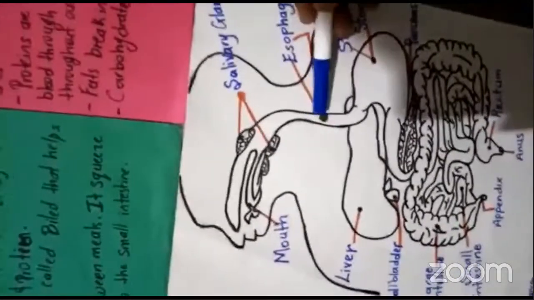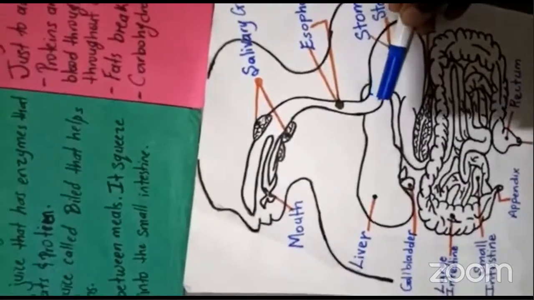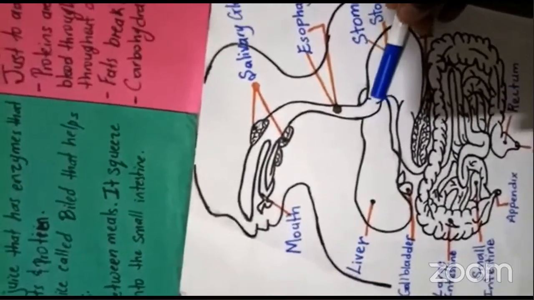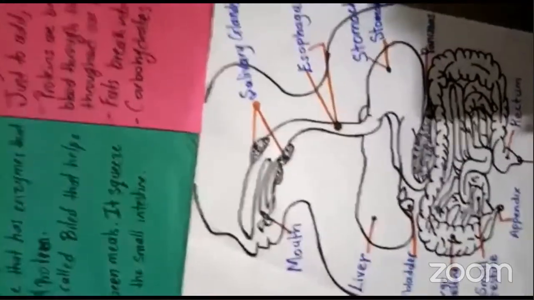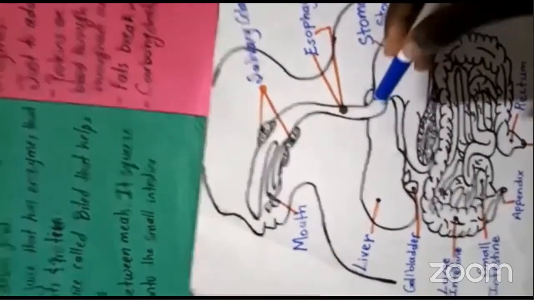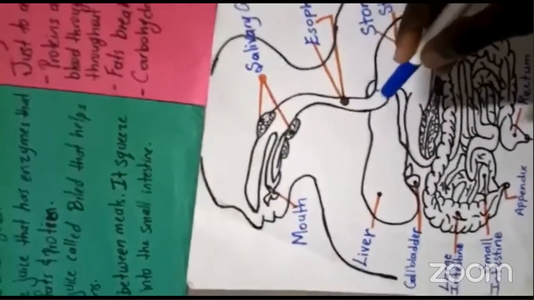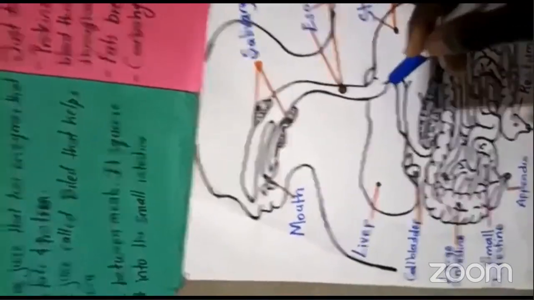Then the apple goes down. This right here, what you're looking at, is called the lower esophageal sphincter. It is a ring-like muscle that opens and closes to let fluid or other matter pass into or out of the stomach.